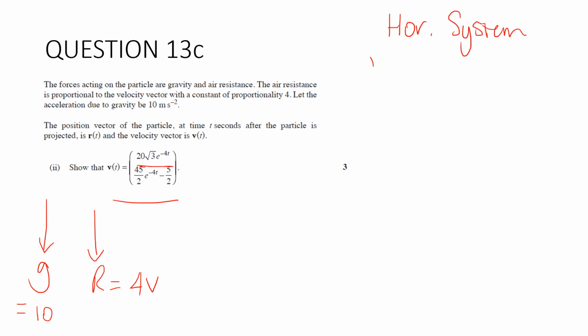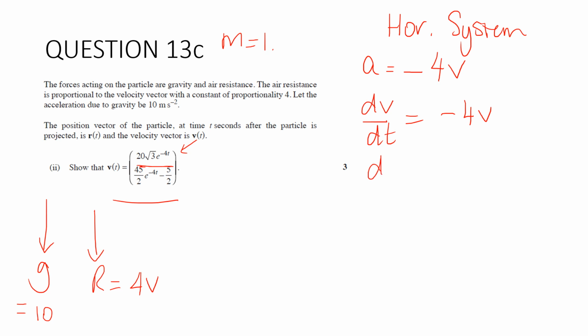So acceleration is equal to, horizontally we have no gravity, but we do have air resistance and it works against the motion. So it's going to be minus 4v. Remember, mass was equal to 1. Now we want this in terms of t, so I'm going to do dv/dt, and put it upside down. dt/dv is equal to negative 1 over 4v.